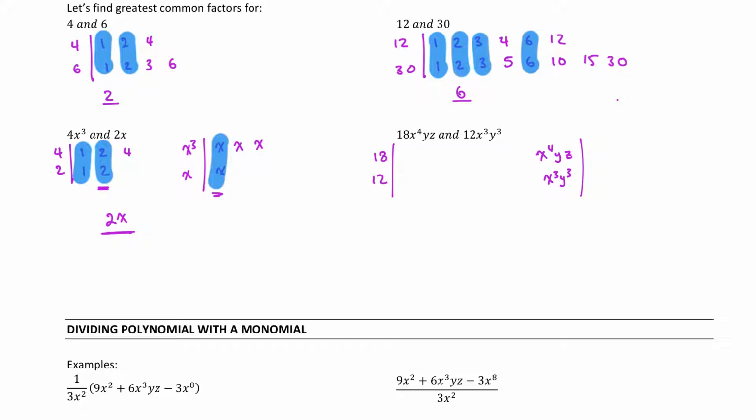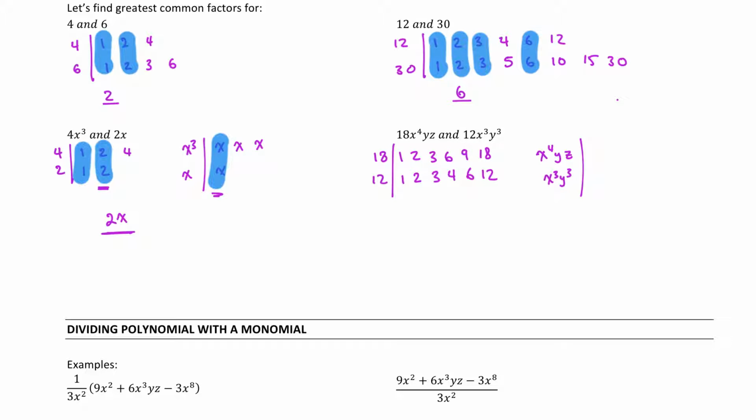So for 18, my factors are 1, 2, 3, 6, 9, and 18. And for 12, it is 1, 2, 3, 4, 6, and 12.